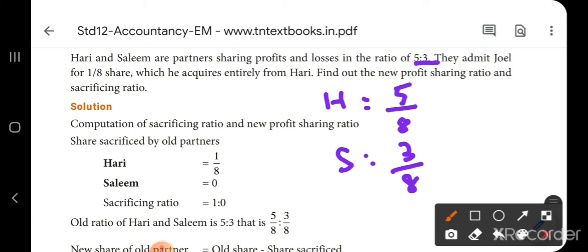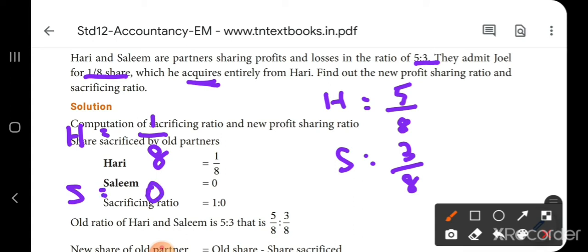Now, they admit Joel for 1/8 share which he acquires from Hari. So 1/8 share the new partner is admitted, and this 1/8 he is acquiring from Hari. Acquires from Hari means Hari is sacrificing 1/8 share. Only Hari is sacrificing. That means Hari's sacrificing ratio is 1 by 8 and Salim is not sacrificing anything.